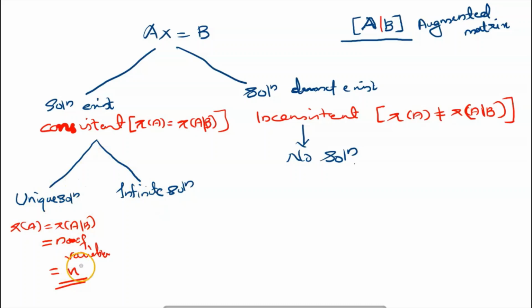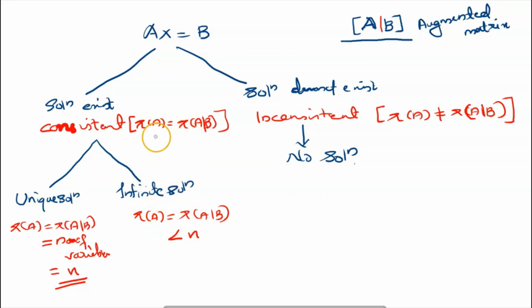If it is equal to the number of variables n, then it is a unique solution. If rank of A equals rank of the augmented matrix and it is less than the number of variables n, then it has an infinite number of solutions.